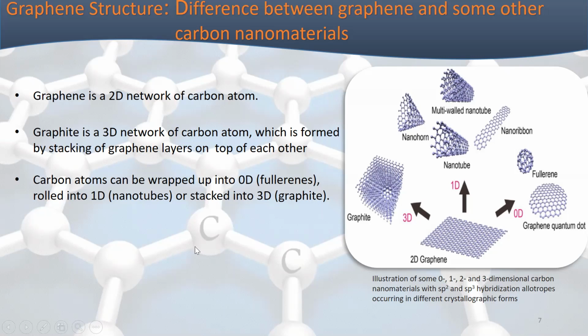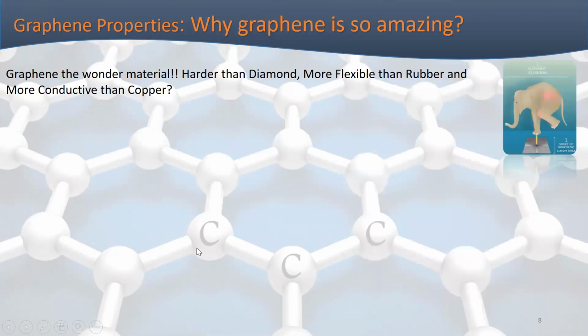So, what are the unique properties of graphene that make it so special? The aromatic pi-electron system and structure that have been mentioned in the previous slide are in control of the extraordinary thermal and electronic properties of mono, bi, and few layer graphene.